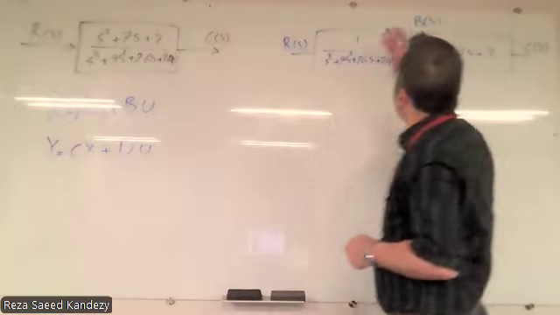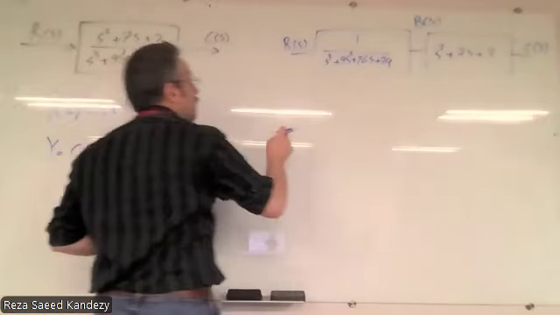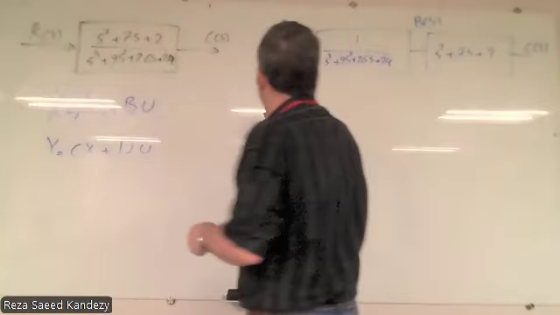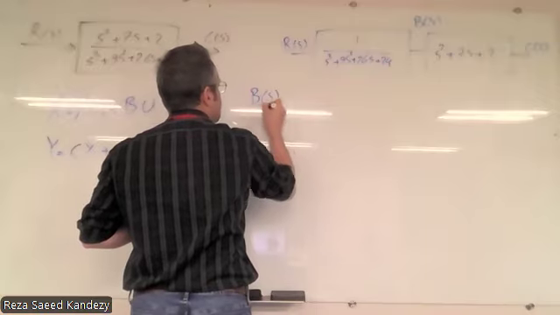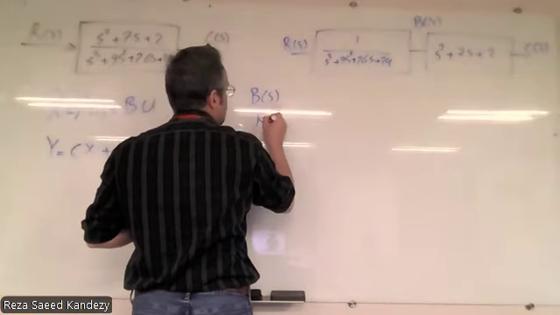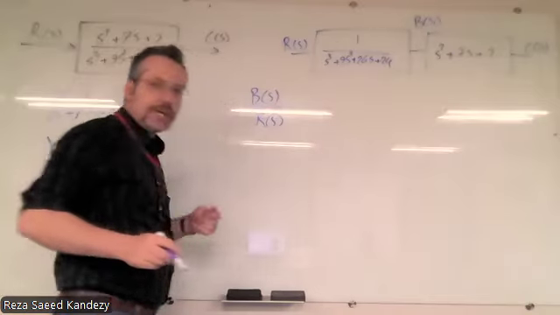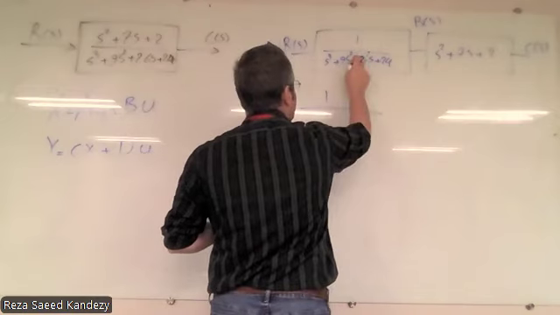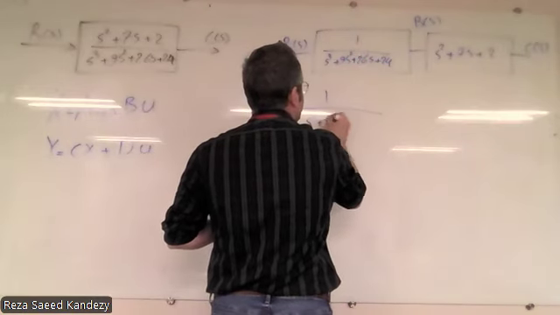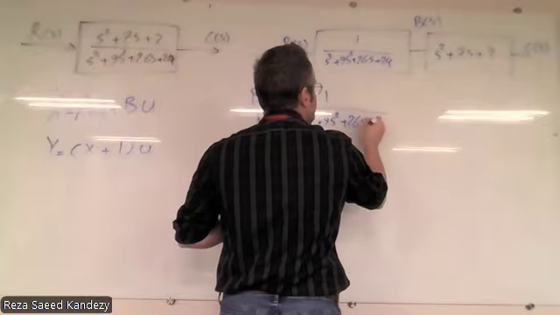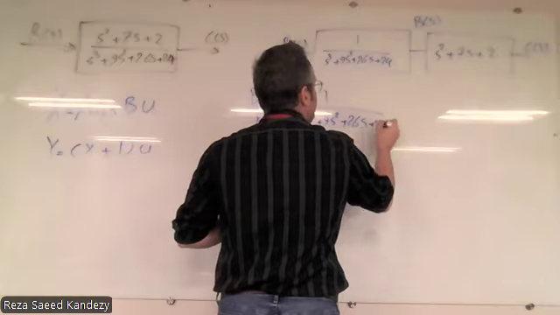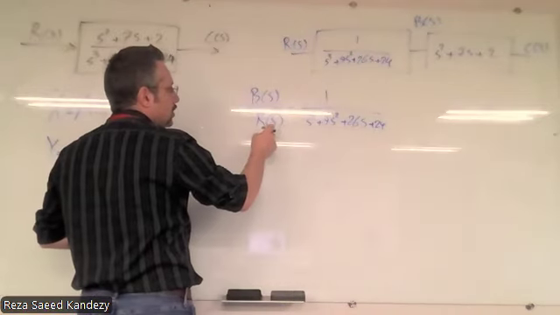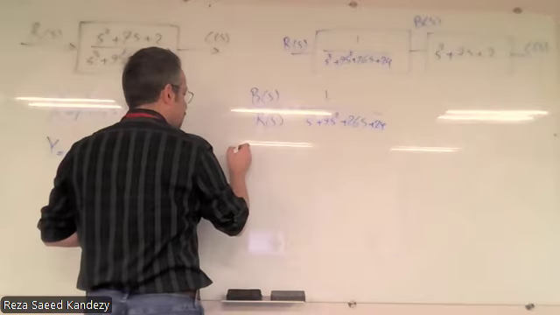Now, if we want to represent b of s based on the input, we can easily see that it's going to be that transfer function inside the block diagram, 1 over s cubed plus 9s squared plus 26s plus 24. So when we have this, we can write it as a simple equation.